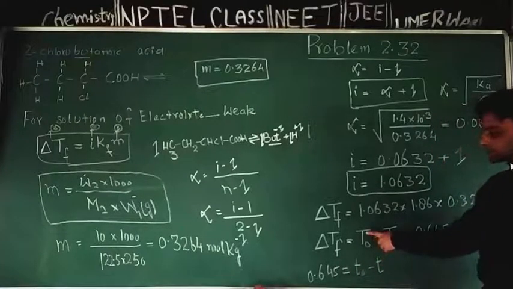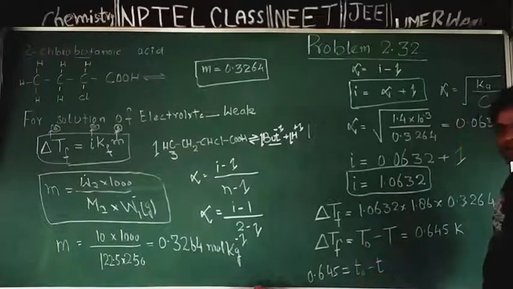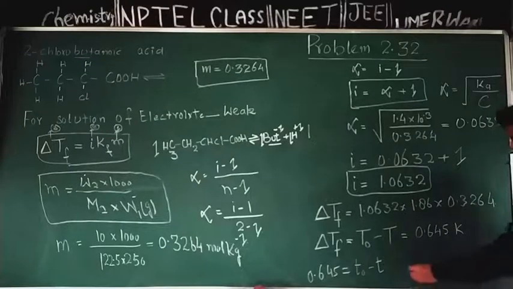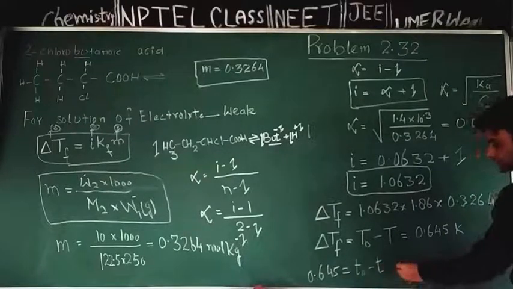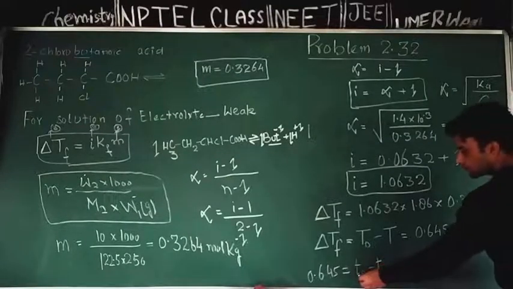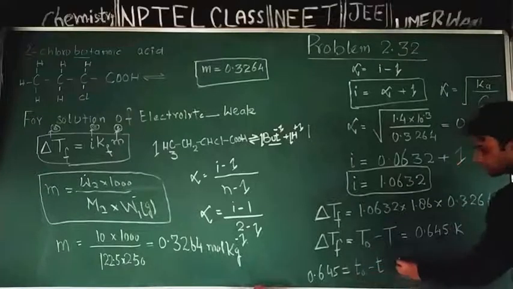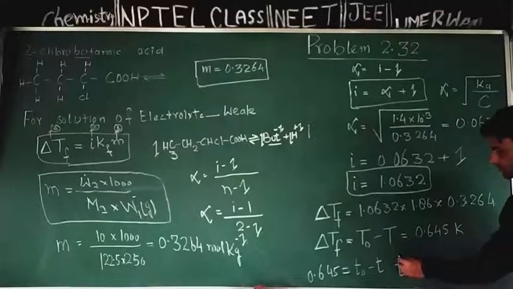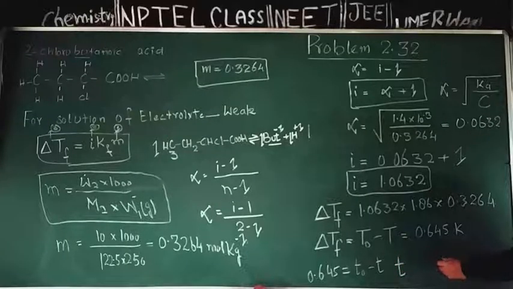By capital T I represent temperature in Kelvin, freezing point in Kelvin, and small t represents freezing point in degree Celsius. We know freezing point of pure water is 0 degrees Celsius. So freezing point of solution containing 10 gram of 2-chlorobutanoic acid in 250 gram of water will be equal to minus 0.645 degrees Celsius.